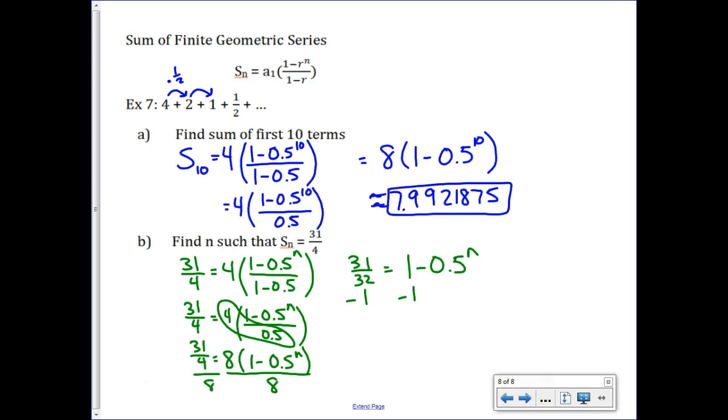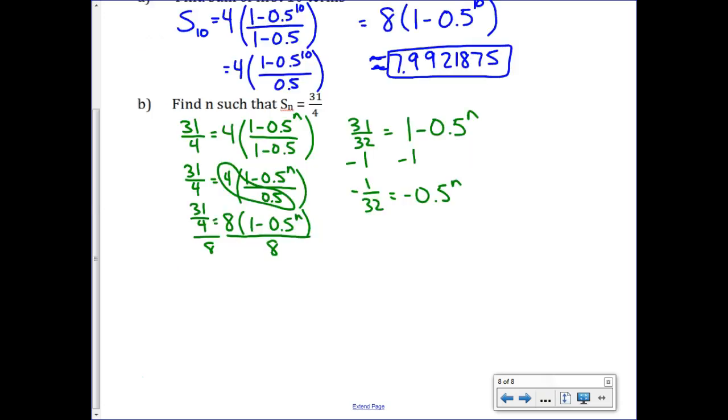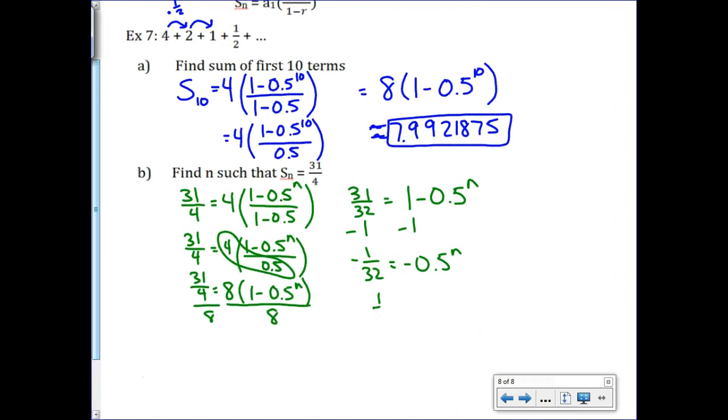So I get, and subtracting 1, that's the same as 32 over 32. So 31 over 32 minus 32 over 32 would give me negative 1 over 32. Negative 0.5 to the n. So if I divide both sides by negative 1, then I get 1 over 32 is equal to 0.5 to the n.